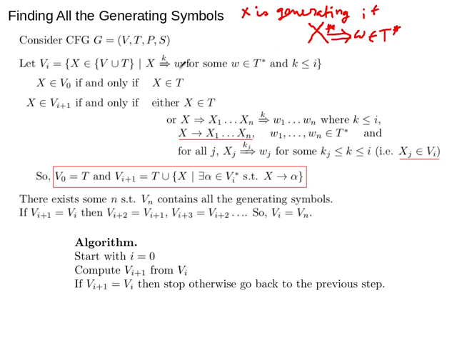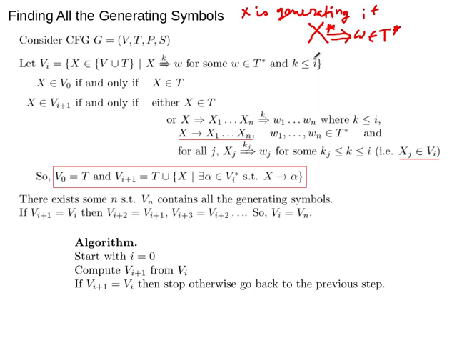Now here we just parameterize this part. We say that here we are considering all the symbols Vi. So Vi is a subset of V, and T also, you can say. We are also considering this T. So this is the set of all symbols such that you can generate something over terminals in less than or equal to i many steps.